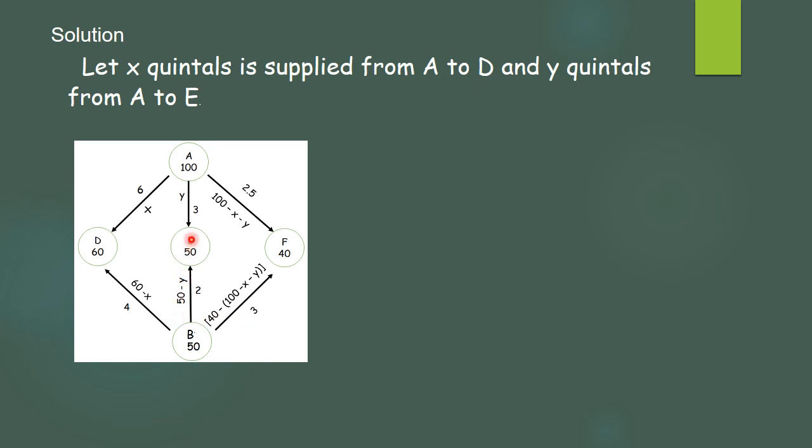Now the requirement of E was 50. Out of this 50, Y quintal was supplied by A. So the remaining should be supplied by B. What is the remaining? That is 50 minus Y. That remaining part will be supplied by B. Now from B, we have supplied 60 minus X to this, 50 minus Y to here.